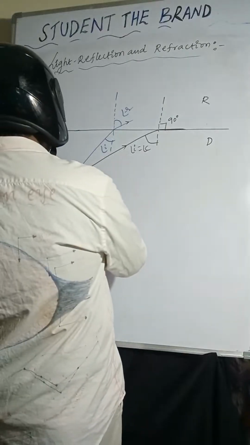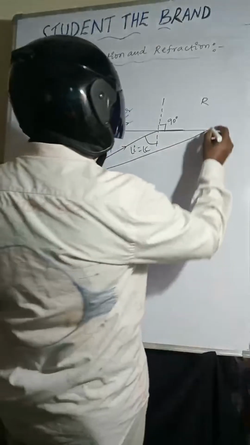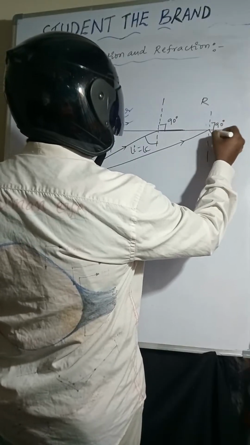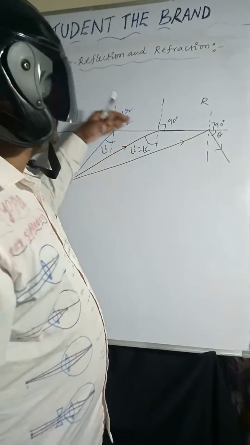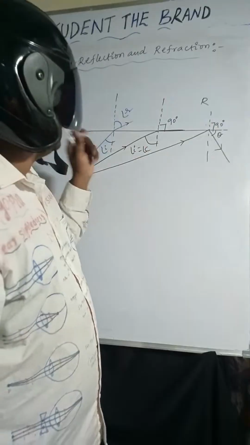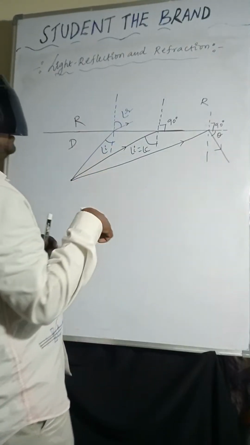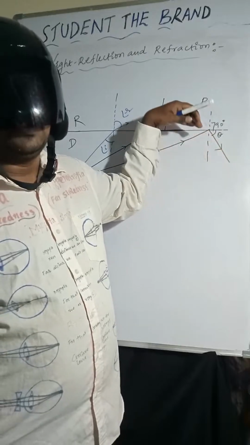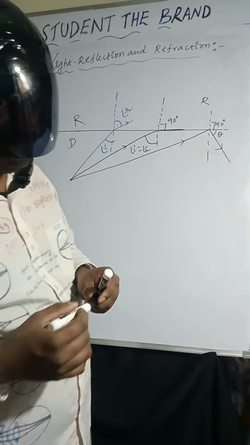At a certain angle of incidence, the refracted ray passes along the surface, and that angle is called the critical angle. If the angle is more than this, the refracted ray would make more than 90 degrees, 90 degrees plus theta, in the rarer medium, which means the light ray bends back into the same medium, towards the denser medium only. This is called total internal reflection.